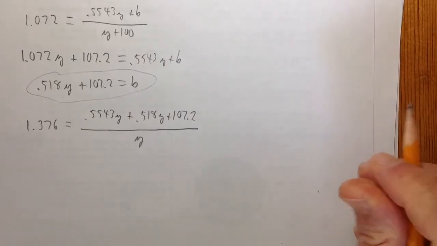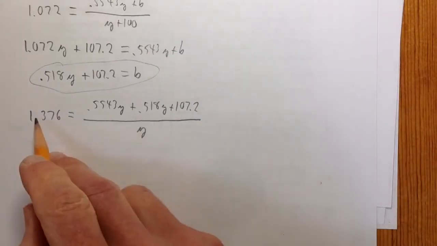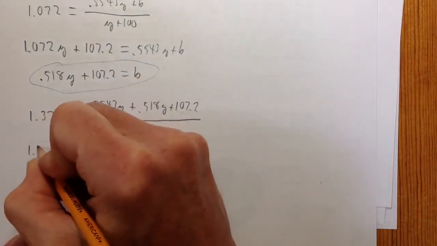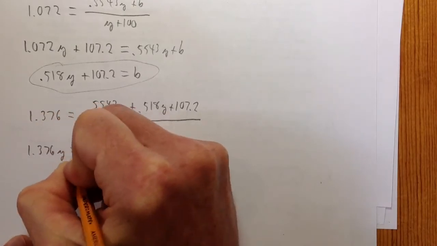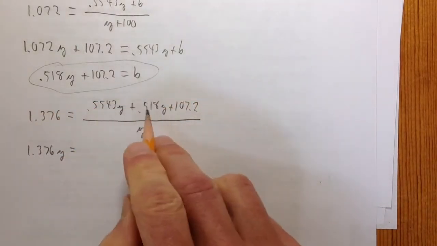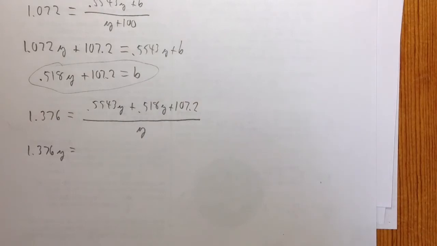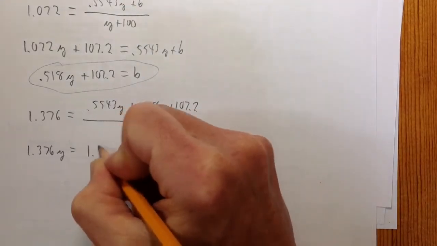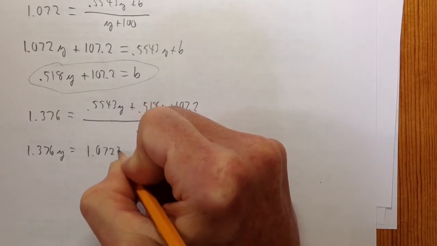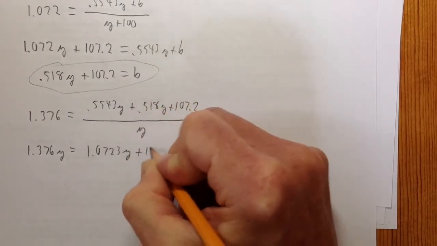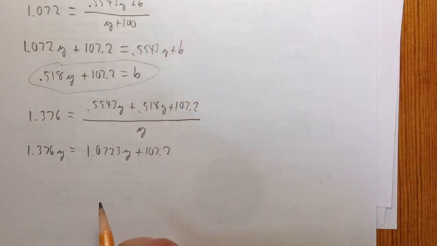Okay, all we have are y's, so we should be able to figure out what y is. Multiply y times this side. We have 1.376y is equal to all these other terms, and we can add those together now. 0.5543 plus 0.518 is 1.0723y plus 107.2.